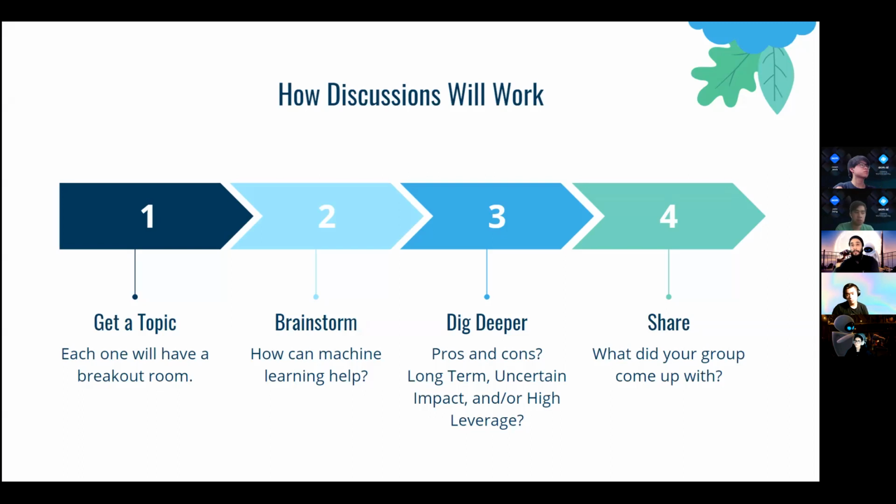And then you're also going to dig deeper in the way that you're going to come up with a pros and cons list for your solutions. Are there administrative or political issues with implementing your solutions? Are they long-term? Are they short-term? Will there be technological barriers? And then when we all get back to our main room, we'll be sharing with everyone else what we came up with.